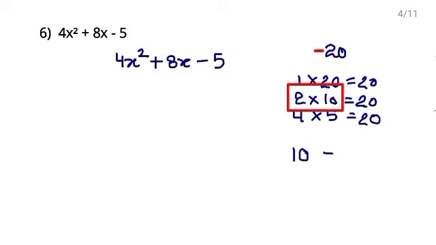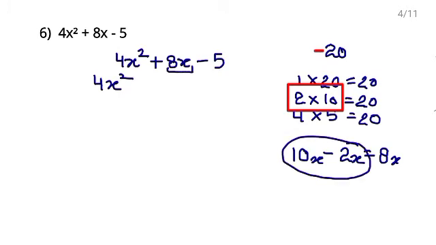So 10 minus 2 is 8, but we need 8x now. So 10x minus 2x is 8x, right? So 4x square, this 8x can be written as 10x minus 2x minus last term 5.